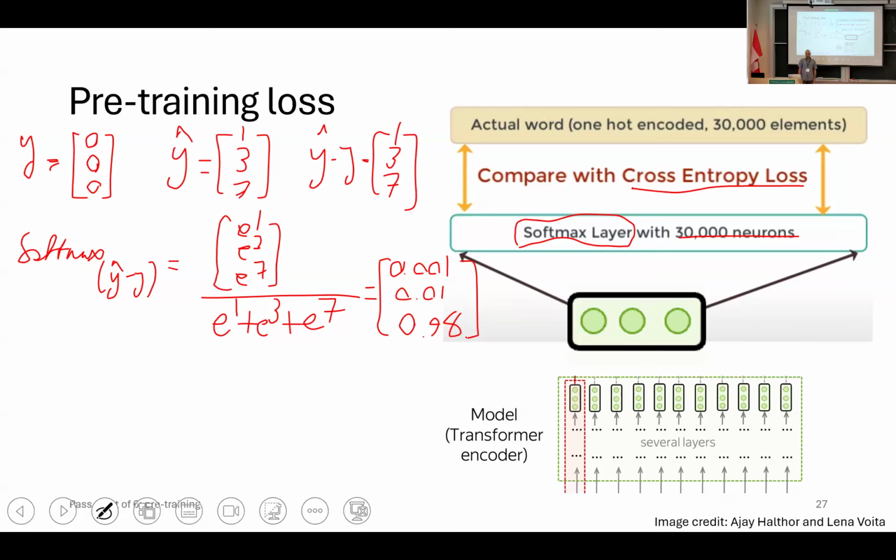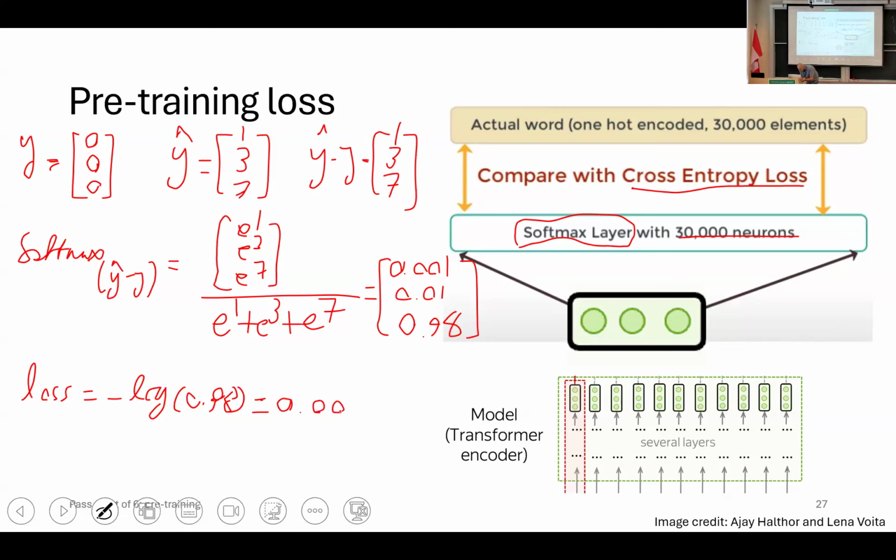And yeah, the loss, right? The loss will be minus log of 0.98, which is a relatively small value.